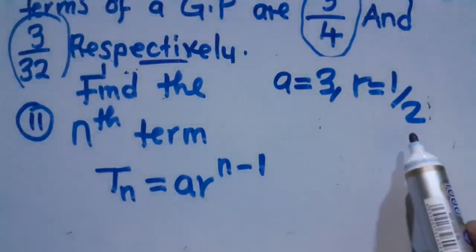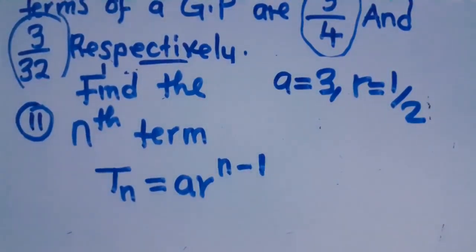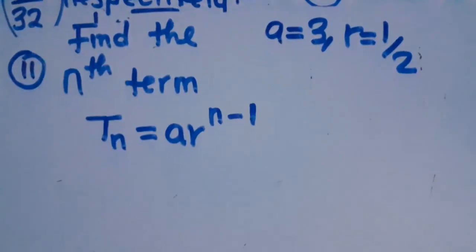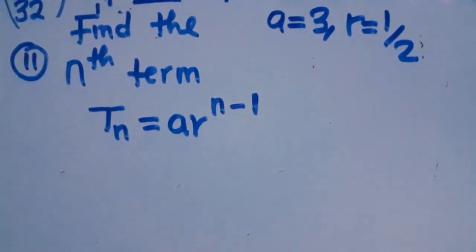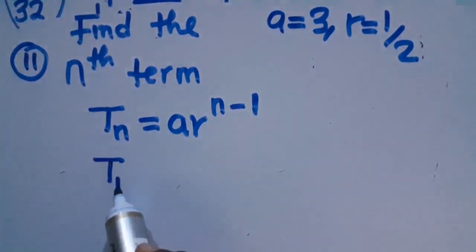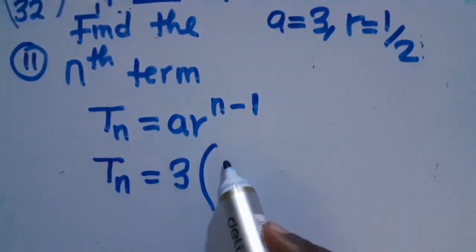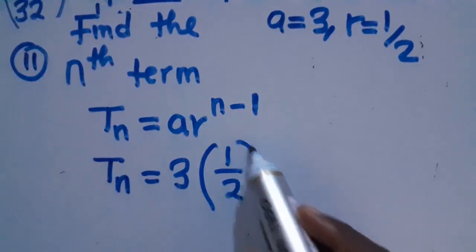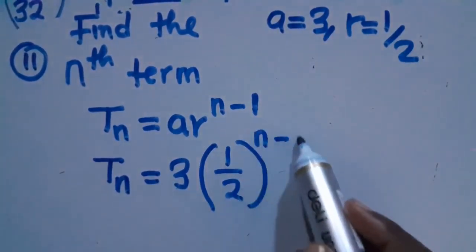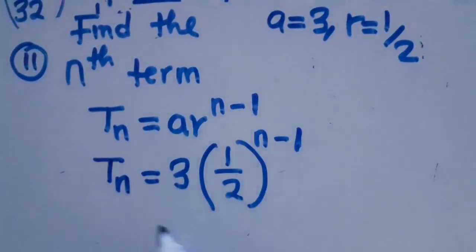You just substitute these values, then you are done. This is very simple when you just answer the first part, where you say Tn is equal to, what is the first term? 3. What is the common ratio? 1 over 2. You do this, then you say n minus 1. They just want you to write the formula.